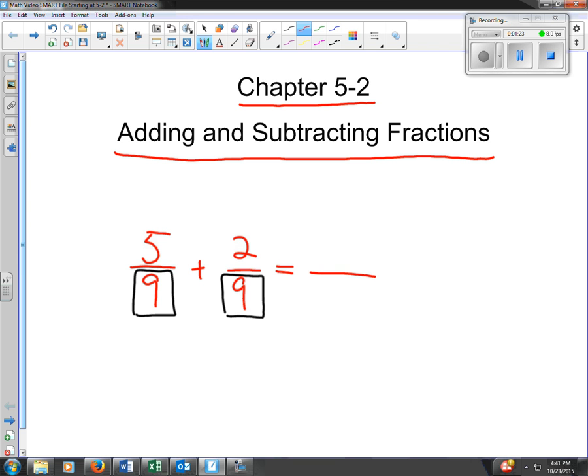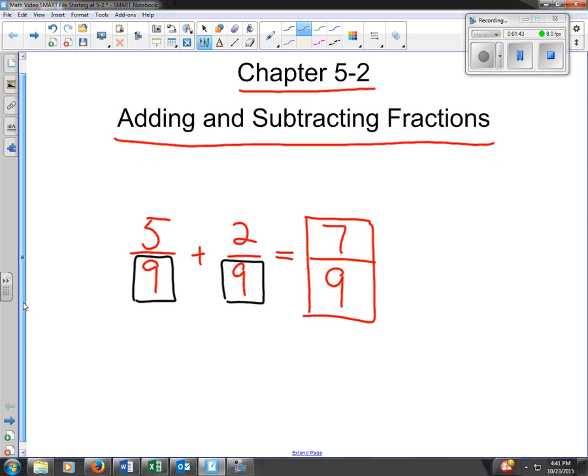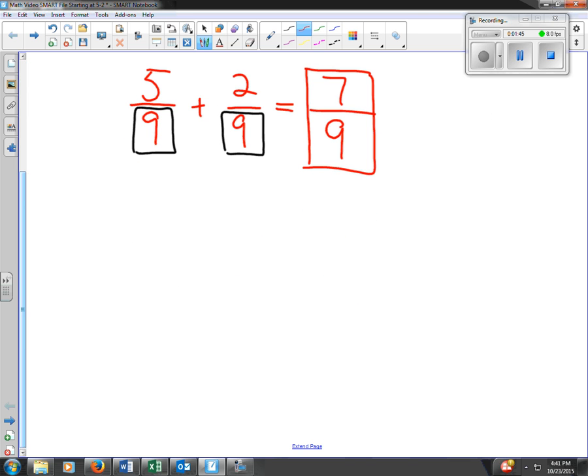I leave the denominator as 9, and I could even cover the denominator and just treat it as an integer problem. I have 5 plus 2, so 5 plus 2 is 7. So I have 7/9. That's as simple as it gets, and that's your answer. And we're done.